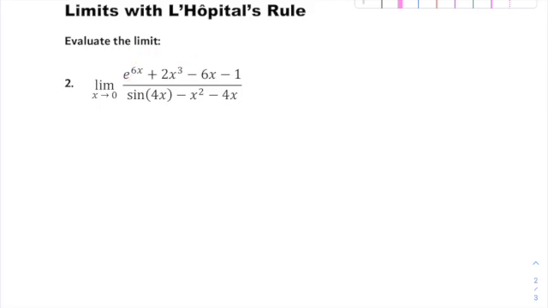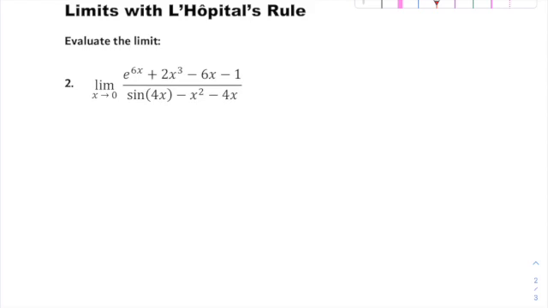I'm going to get 0 up top. And then you really got to be on high alert. Okay, if I get 0 on the bottom, this is going to be a L'Hopital, and I've got to show it before I use it. But in the bottom here, sine of 0, that's going to be 0 minus 0 minus 0. That's going to be another 0 on the bottom. So here we go. Let's show it.